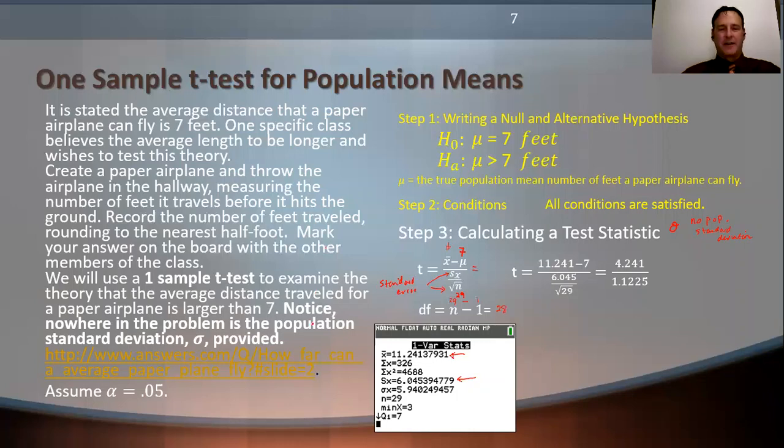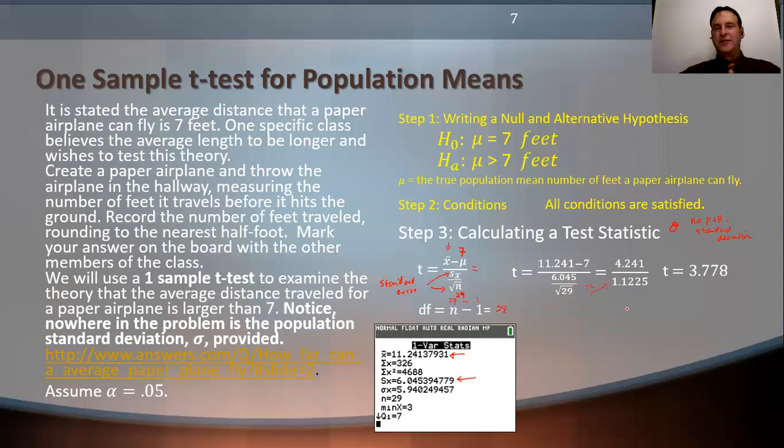Okay, and so I have my x bar minus the mean, divided by the standard deviation over the square root of n. And I divided it out and did some little calculations here. I did this division, I did that subtraction. This again is your standard error. I'm just going to put SE for now.